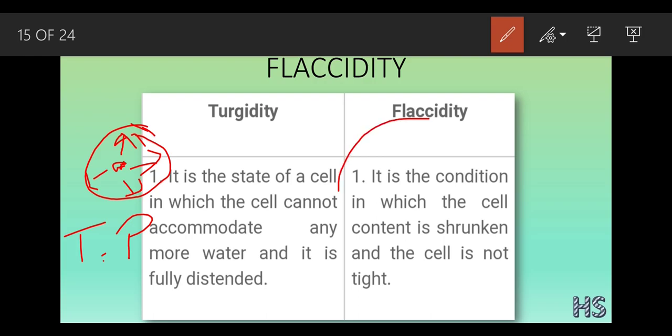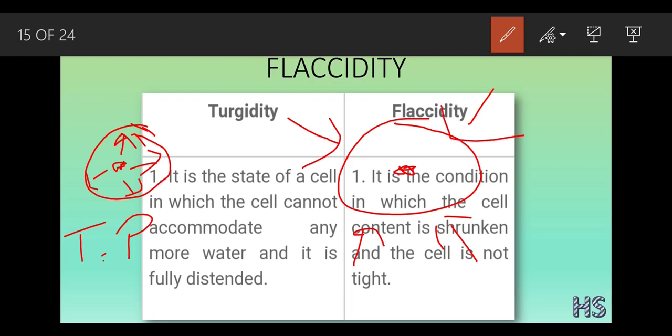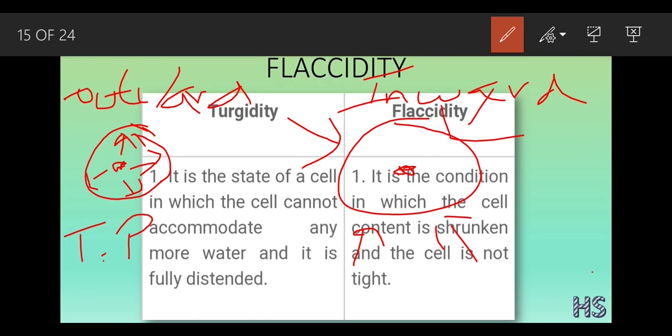Now the next type of pressure, that is the wall pressure. Suppose this is a cell and this is a nucleus. If the pressure is exerted by the cell wall on the contents, like this one exerting pressure outward and this one exerting pressure inward, in both cases the material present inside this cell is facing pressure.